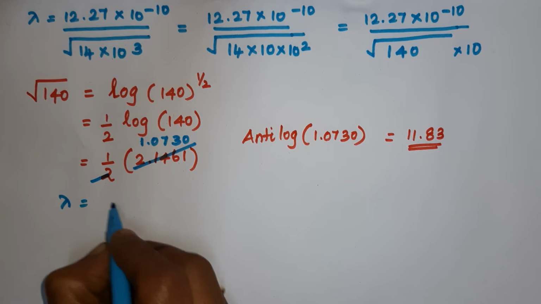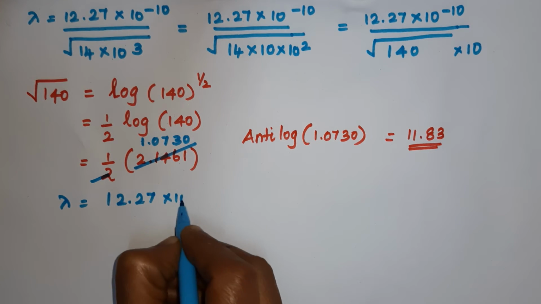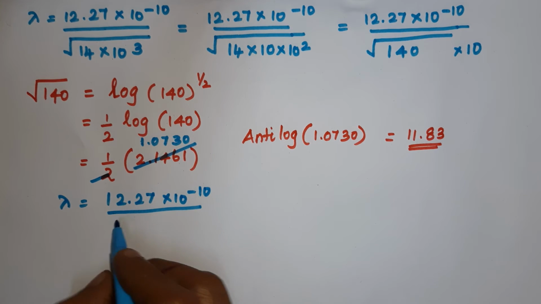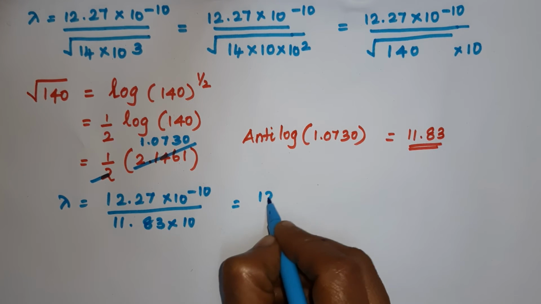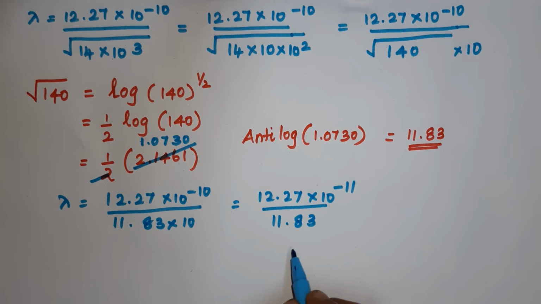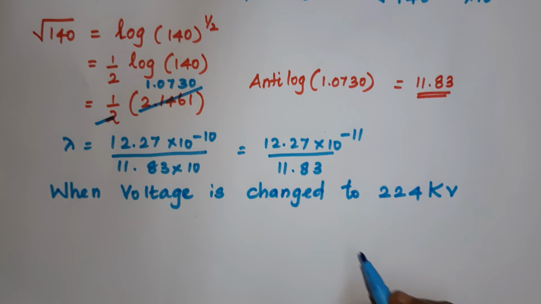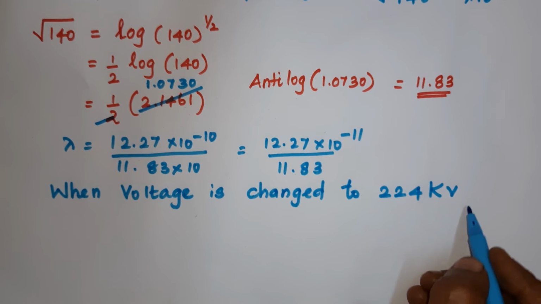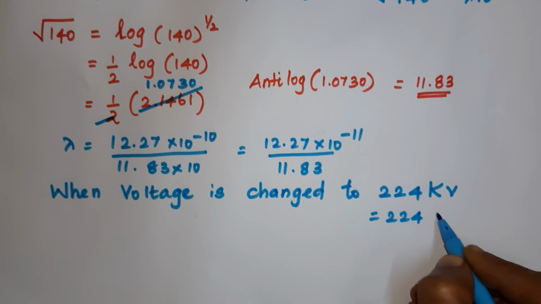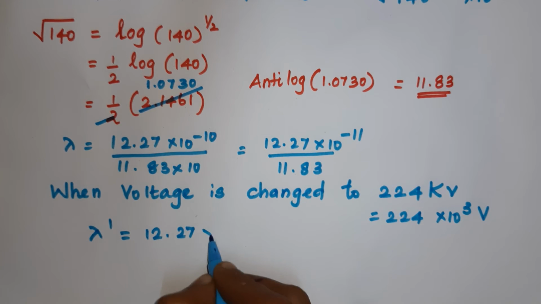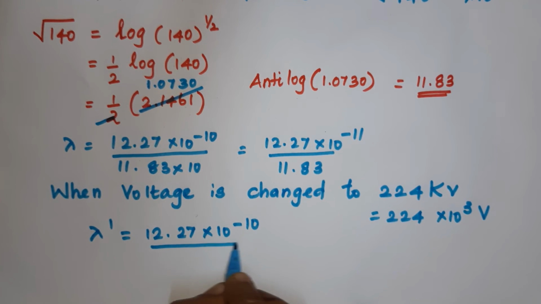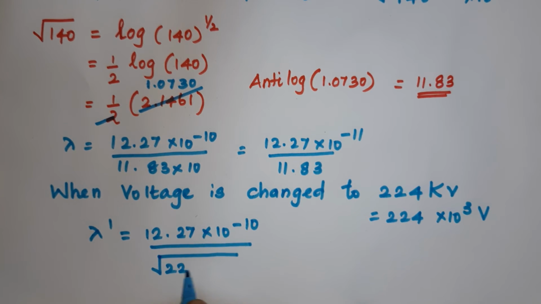Now lambda is equal to 12.27 into 10 power of minus 10 divided by 11.83 into 10. So this is what we get now for lambda. When the voltage is changed to 224 kilovolt, which is 224 into 10 power of 3 volt, we write that de Broglie wavelength to be lambda dash is equal to 12.27 into 10 power of minus 10 divided by square root of 224 into 10 power of 3.